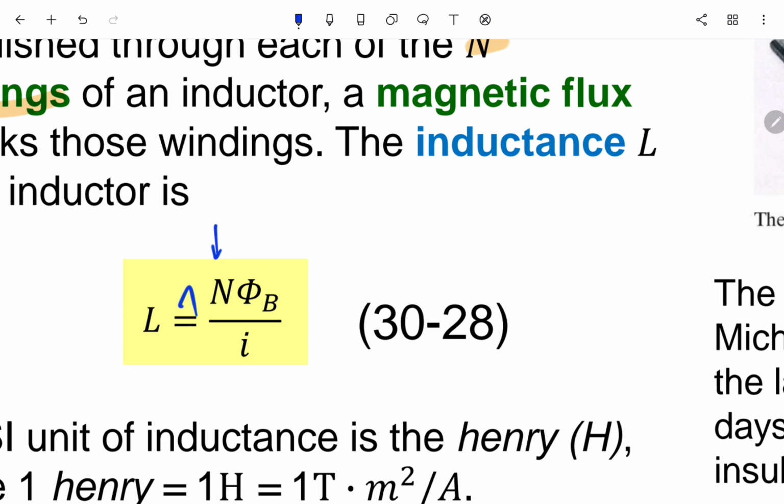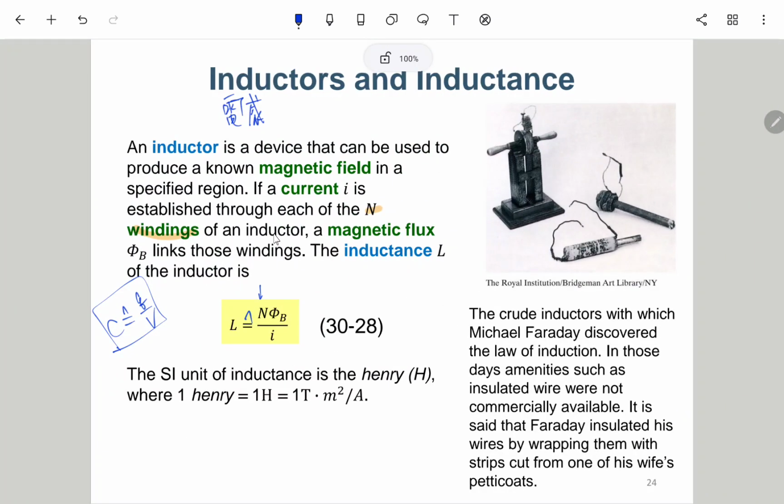So the only changing thing is that if you provide a larger current, it will also generate a larger magnetic flux. So phi B and I will have a fixed ratio, and if you multiply this ratio by N, you get the inductance.